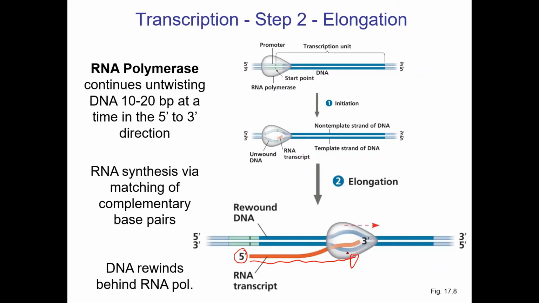So you can see here the textbook is now calling it template strand, so that's good. And in that case, it's matching complementary base pairs, right? Even though it looks like the sense strand, the enzyme is actually working along the template strand. So there it goes, it zips along. It's a pretty fast process, 10 to 20 base pairs at a time, limited only by diffusion of nucleotides.